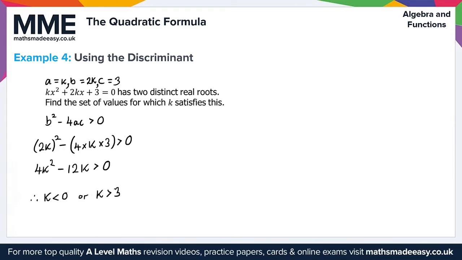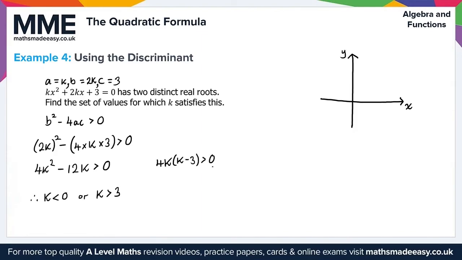And if we draw a rough sketch of this quadratic, again, it doesn't have to be perfect, just so we can see what we have. That's our x-axis there. Well, if we factorise here, what we'd obtain then is 4k times k minus 3.